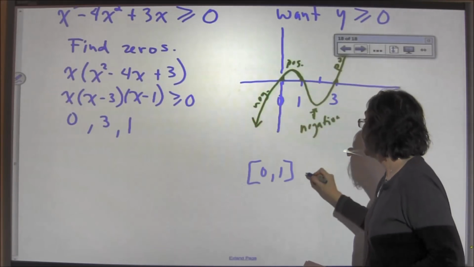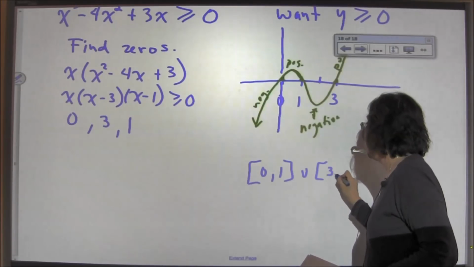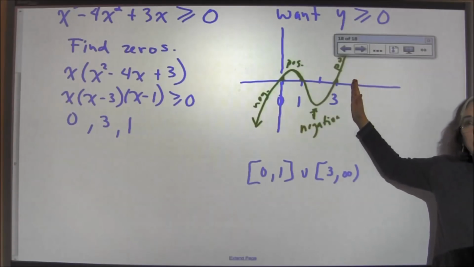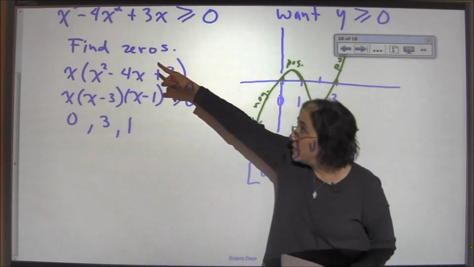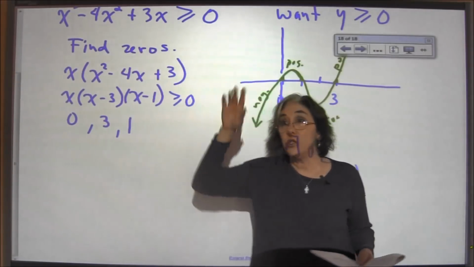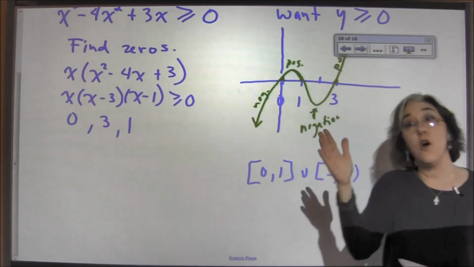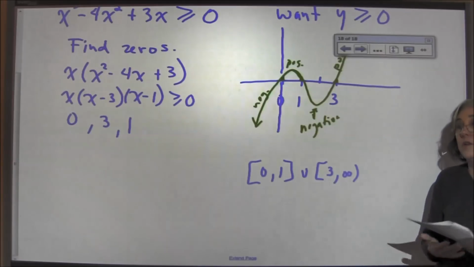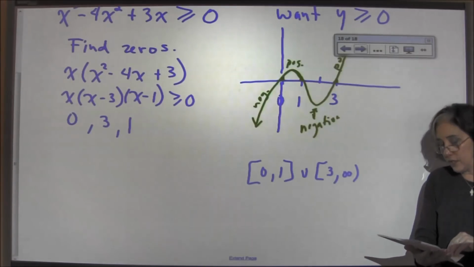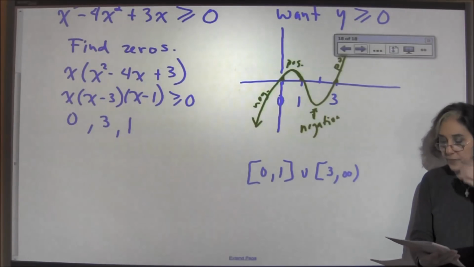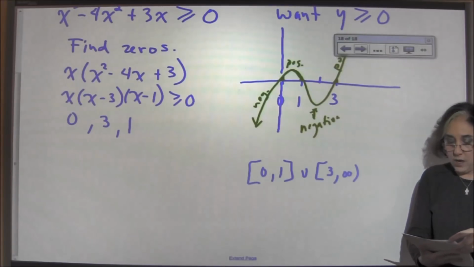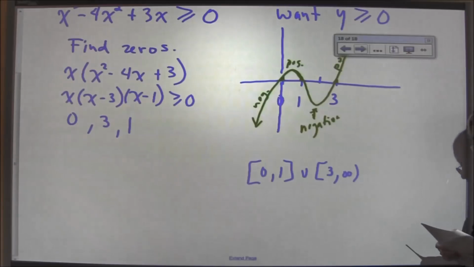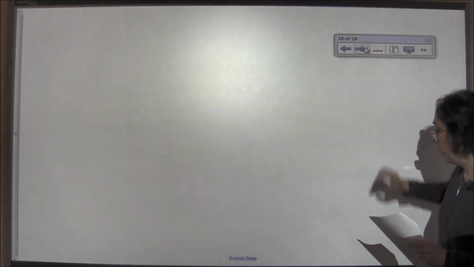And then everything past 3, so that's from 3 to infinity. If you plugged in a 4 into the x cubed minus 4x squared plus 3x, you should get a positive number there. And any number you plug in above 3 should give you a positive number. And so that's the solution. It's always intervals, unless there's no solution.